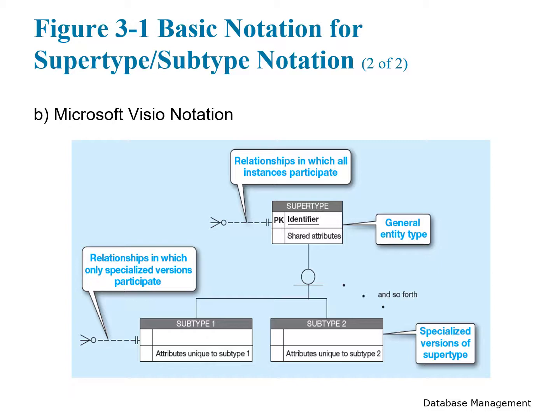And then B, Microsoft Visio notation. Also, there is a supertype, and then one version of the supertype, subtype 1, and the other version of the supertype, subtype 2.